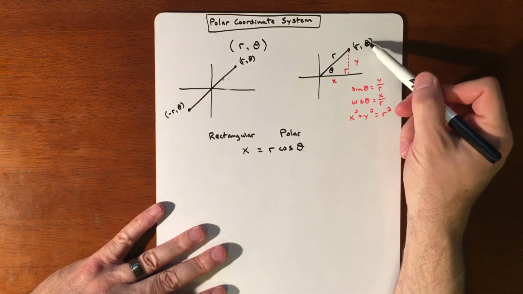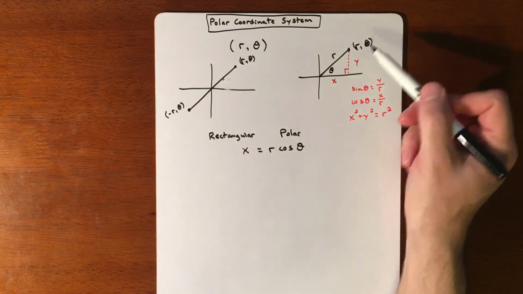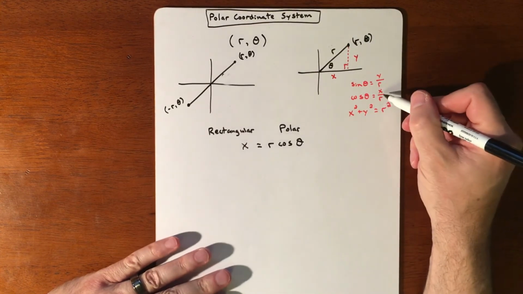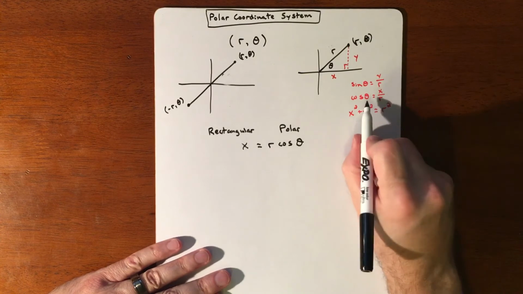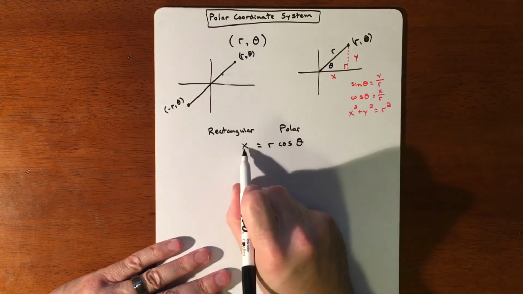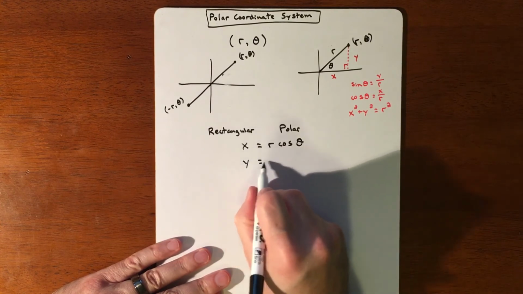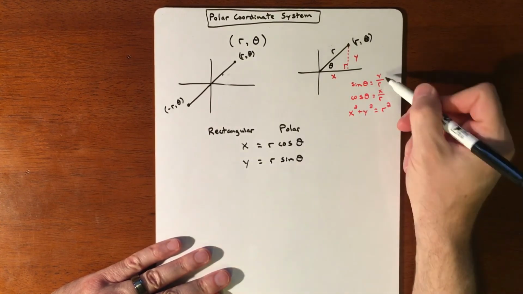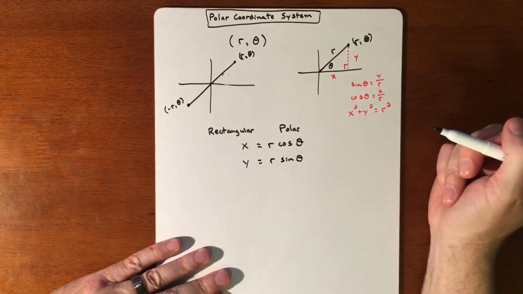So if you have r and theta and you want to figure out what the x value is, it's going to be r times cosine theta, which is not a surprise, because if you would have set this up and you knew this value and this value, you would have multiplied the r over to isolate the x. Then the y value is r sine theta, which just comes from solving for y on this one.